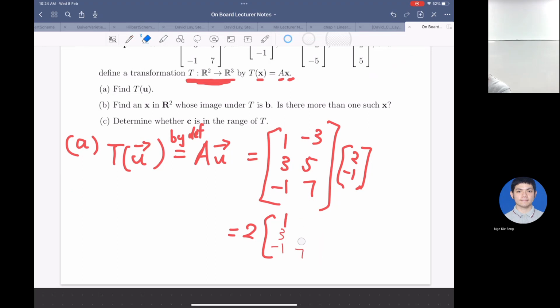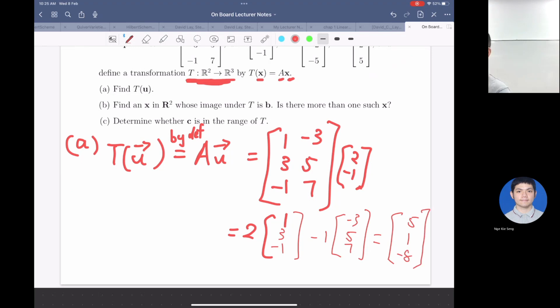What do you get? You get 1 and minus 8, minus 9.